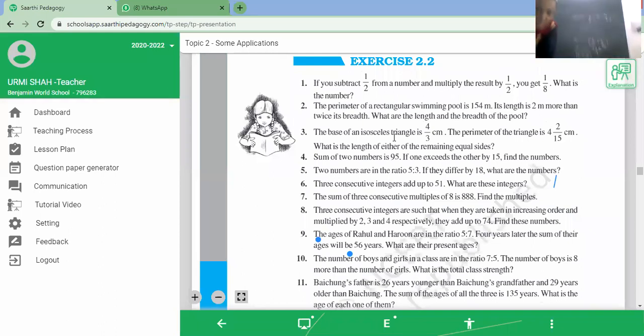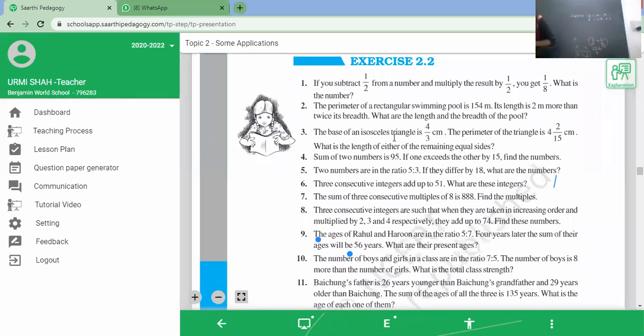Twice the breadth means x doubled, so it becomes 2x plus 2 only.